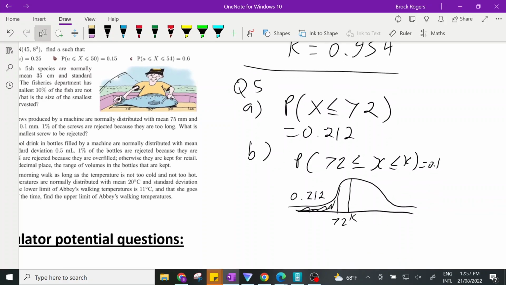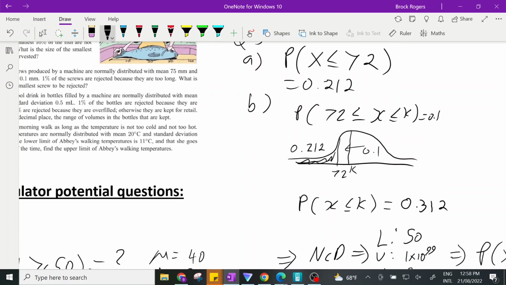So if you think about it, we are really asking the question of x less than or equal to K such that the probability is 0.312. So that area plus that area, well, if this one's 0.1, that one's 0.212, add them together. And we want to find the value K such that we are finding the probability of 0.312. That's how we approach those ones.